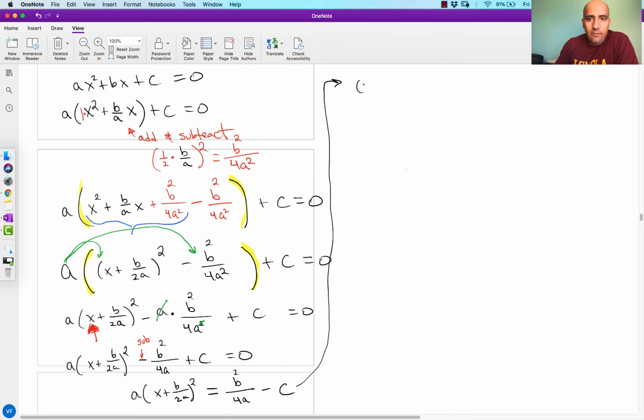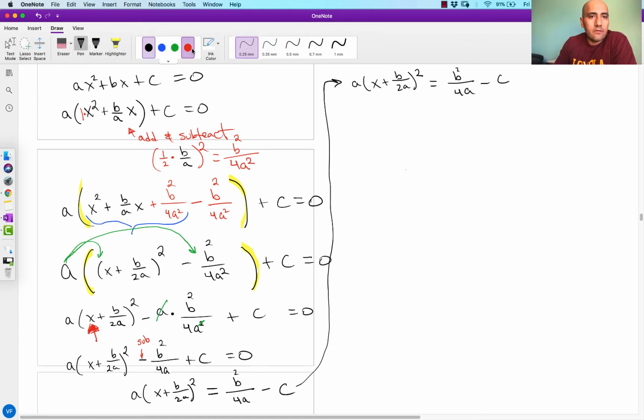So I have a parentheses x plus b over 2a parentheses squared is equal to b squared all over 4a minus c. So I want to combine those two. I need a common denominator. So I'm going to put a little 1 underneath here. And then I want to multiply it by 4a over 4a.